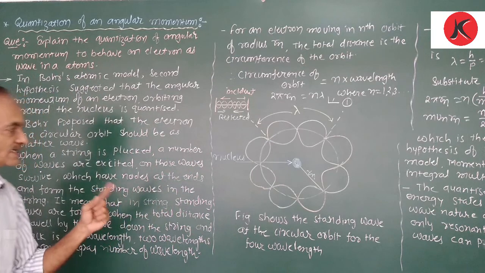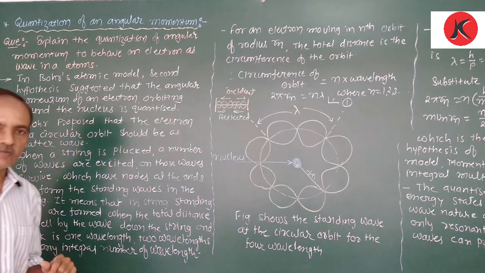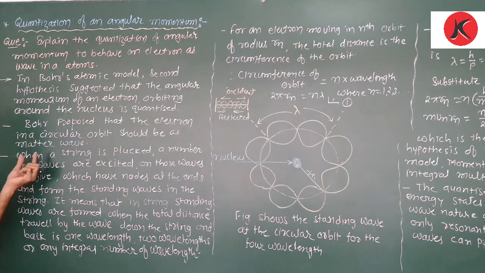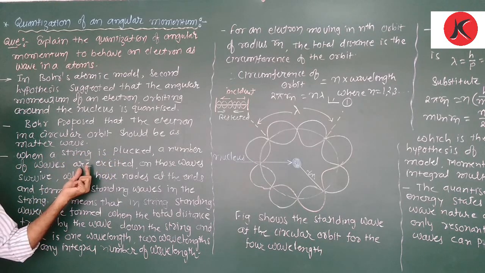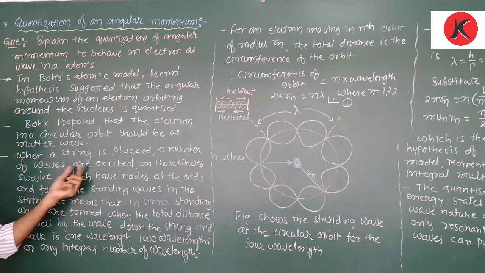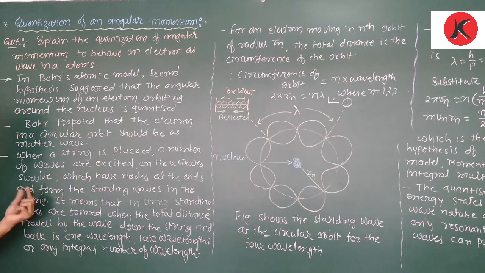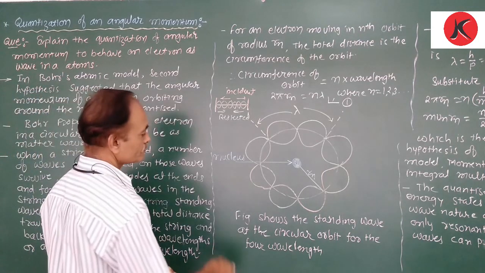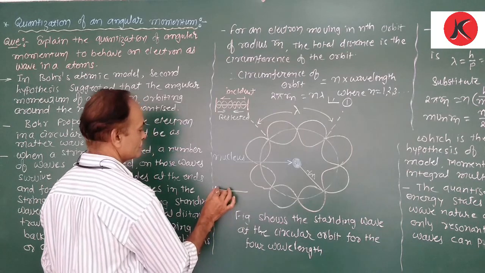Here we first take the example of a wave produced in a string. When a string is plucked, a number of waves are excited. Only those waves survive which have nodes at the ends. What are the node and antinode of a wave? There is the wave.